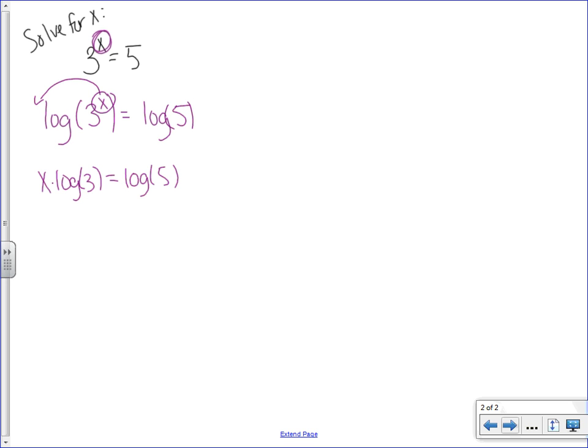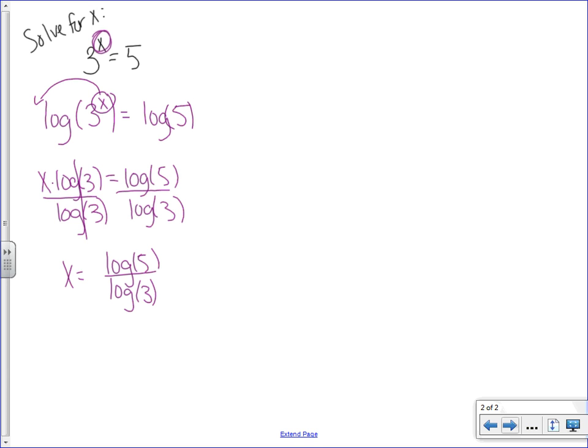And now, since we have x times the log of 3, I just divide both sides by the log of 3. Those cancel, and I get x is equal to the log of 5 divided by the log of 3.